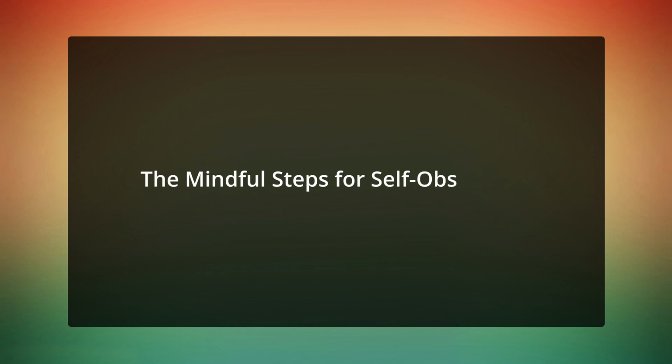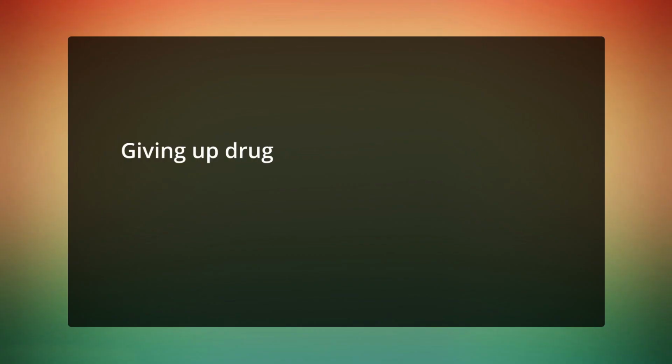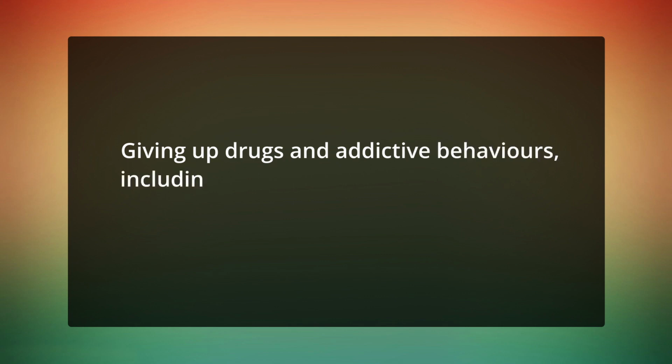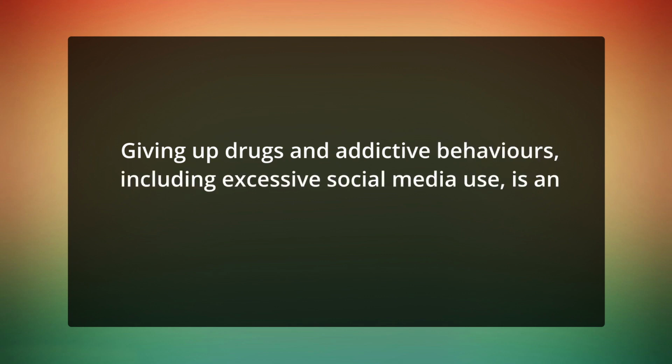Now, let us talk about another objective, which is the mindful steps for self-observation. First one is creating space versus filling space. Being present, paying attention, and learning to be there for yourself, the first step is to learn to let go. Giving up drugs and addictive behaviors, including excessive social media use, is an excellent place to start.